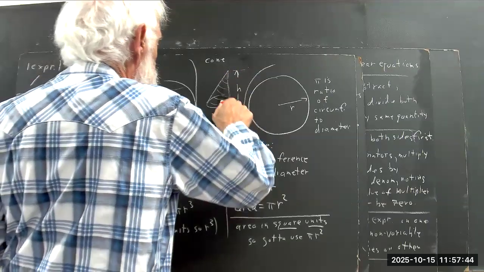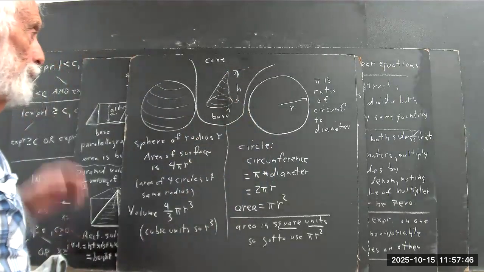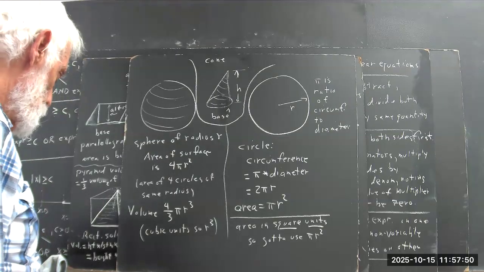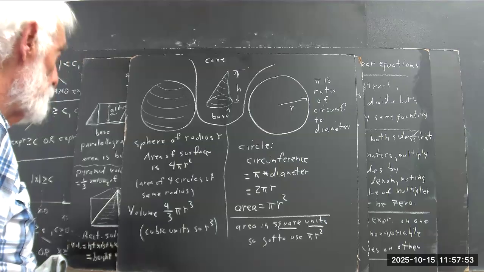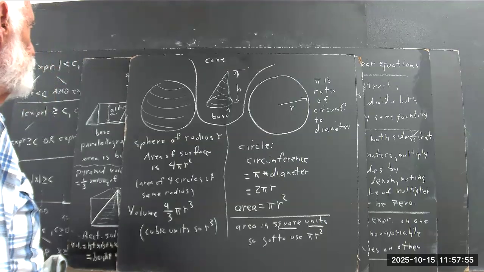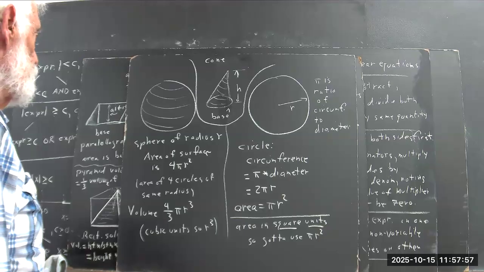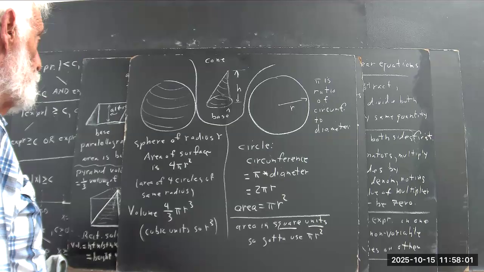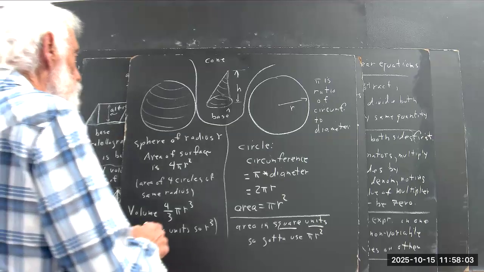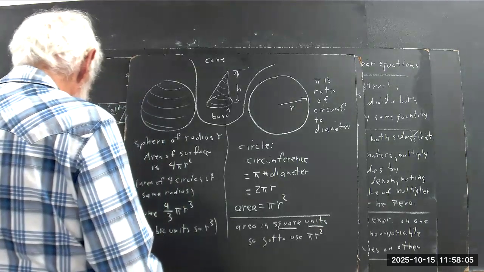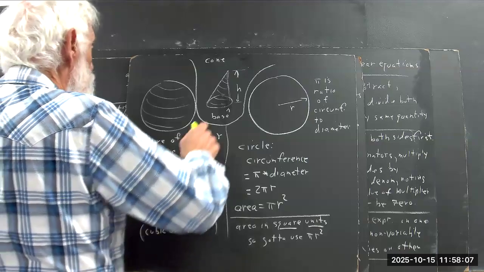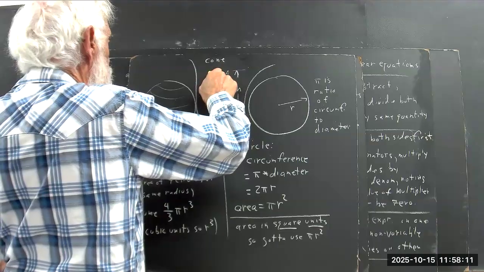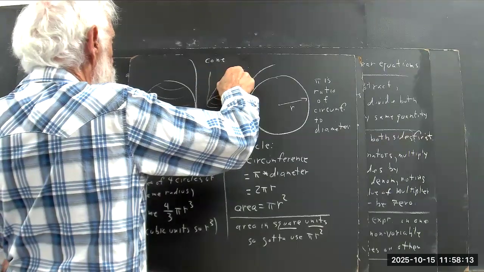The altitude is measured perpendicular to the base. I should have done a cylinder first. Well, I'm gonna do a cylinder as well as a cone. So a cylinder just comes up perpendicular to the base.